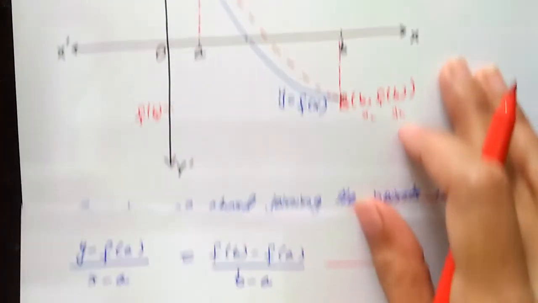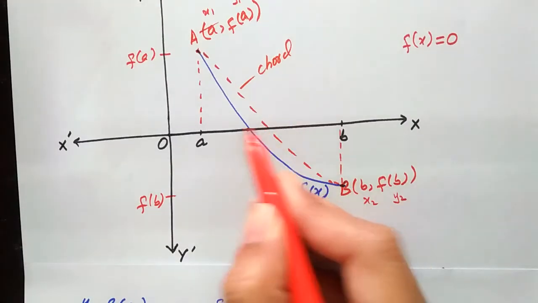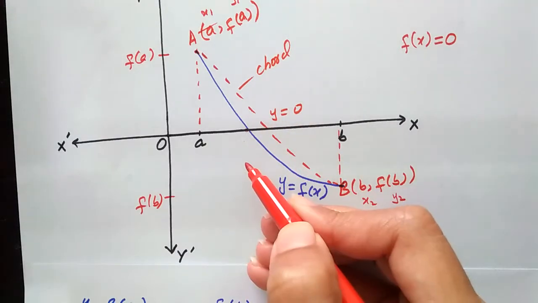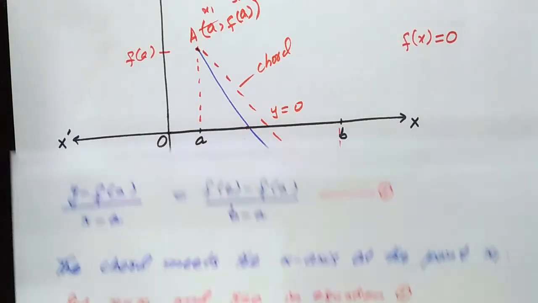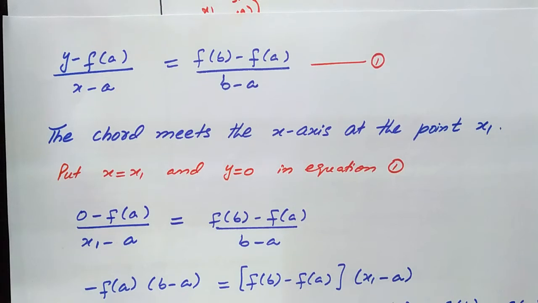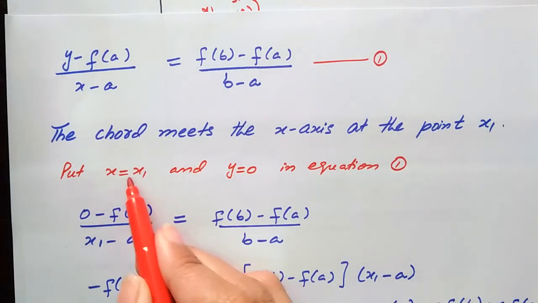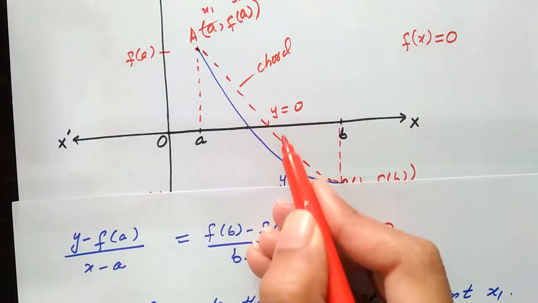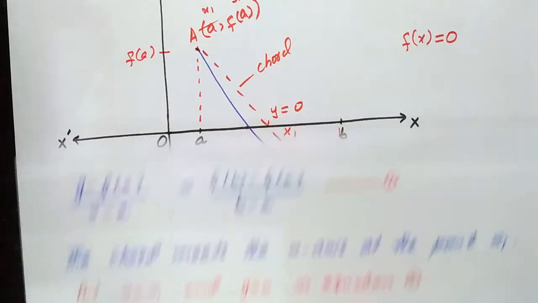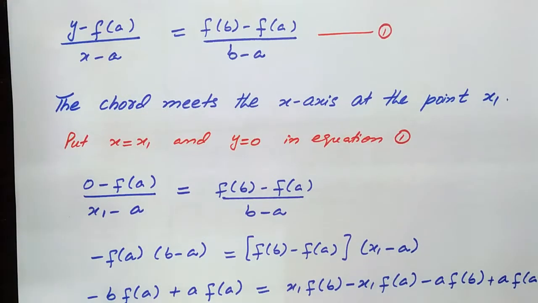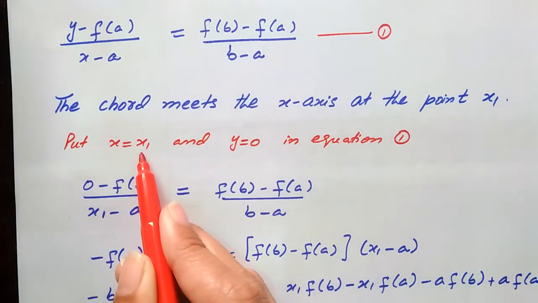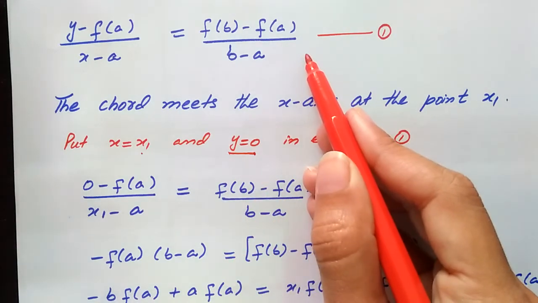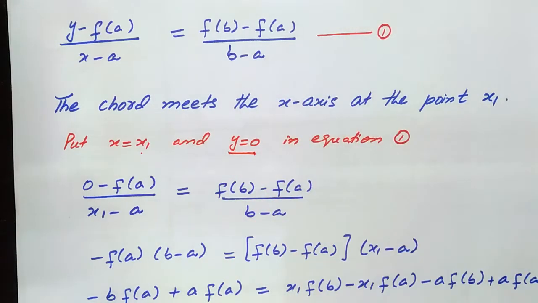We have seen that the chord meets the x-axis at the point where y equals 0. The chord meets the x-axis at x equals x1 and y equals 0. Name this point x1. So I will use x equals x1 and y equals 0 in equation 1.